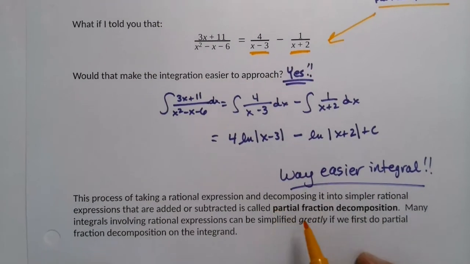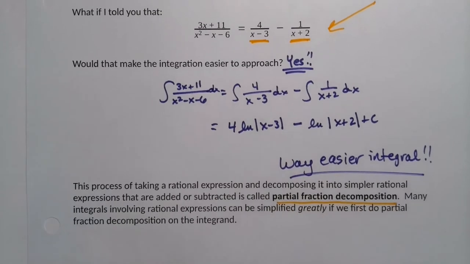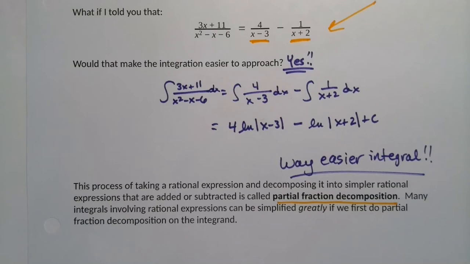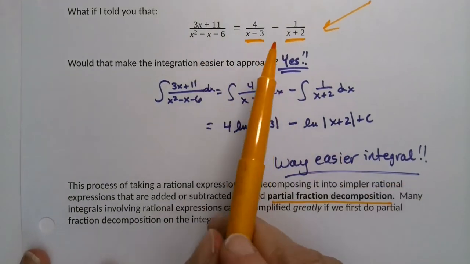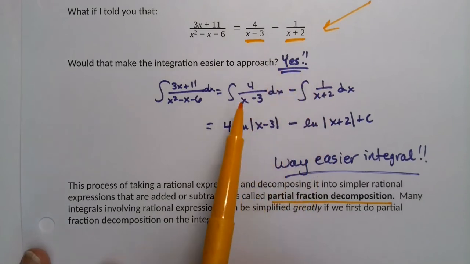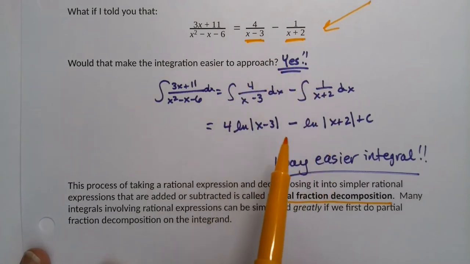Many integrals involving rational expressions can be simplified greatly if we can do partial fraction decomposition of the integrand. The trouble is that doing partial fraction decomposition is a bit tricky. It involves quite a bit of algebra. So that will be what we're going to do for the next couple pages, is learning how to get from here to here. But once you are here, you can see that the integration is actually not difficult at all, right?